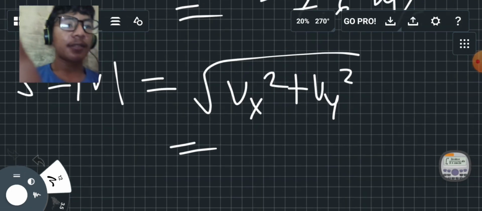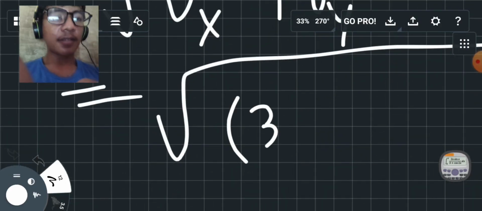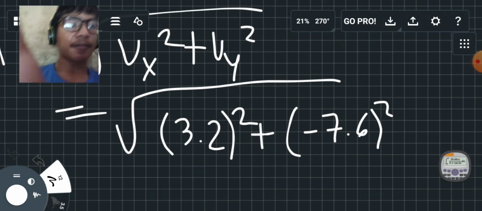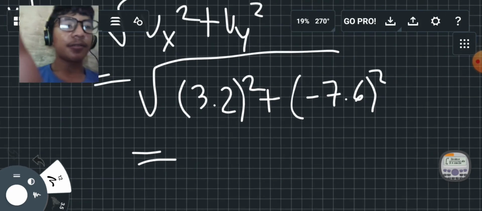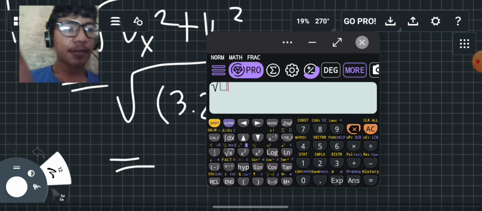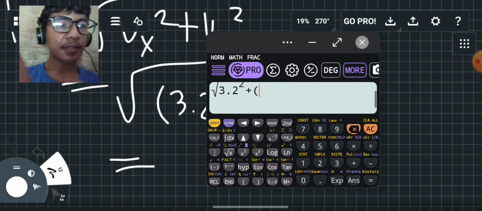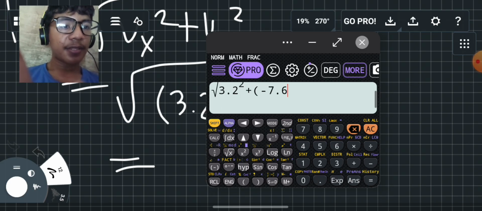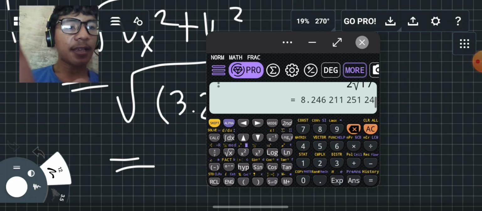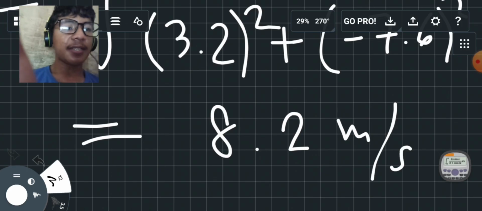Carrying this calculation out, that's the square root of 3.2 squared plus negative 7.6 squared. Okay, so we get 8.2 meters per second.